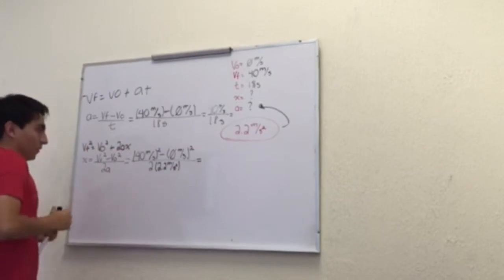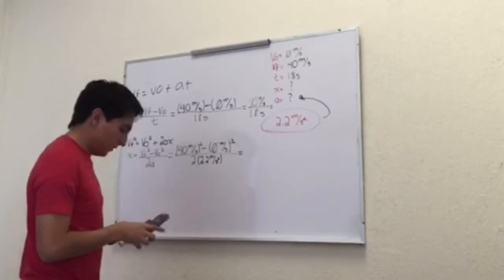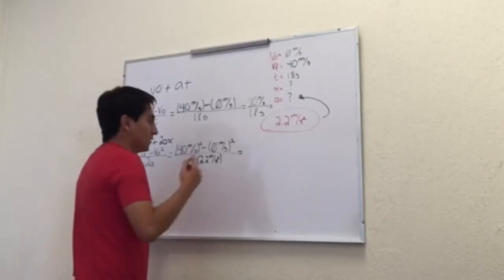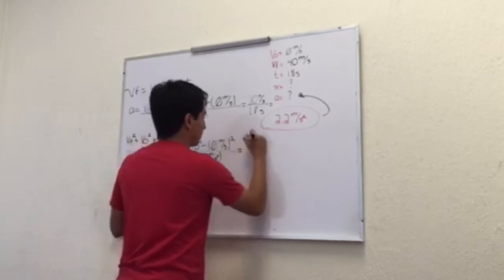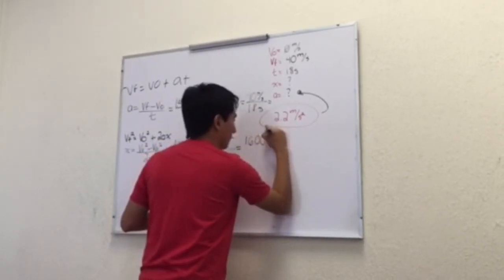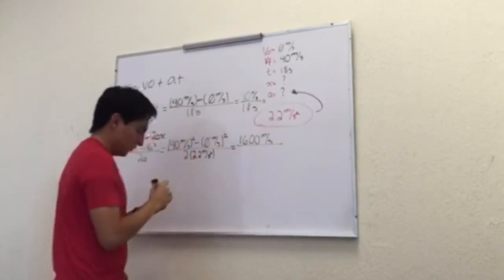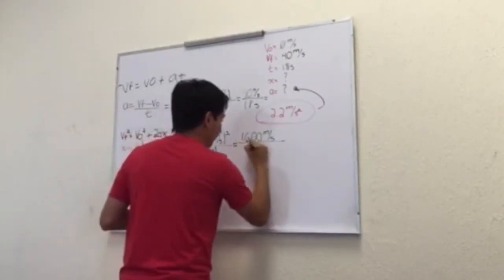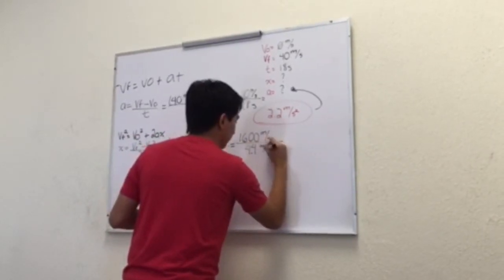Okay, so 40 squared is 1,600 meters squared per second squared, over 4.4 meters per second squared.